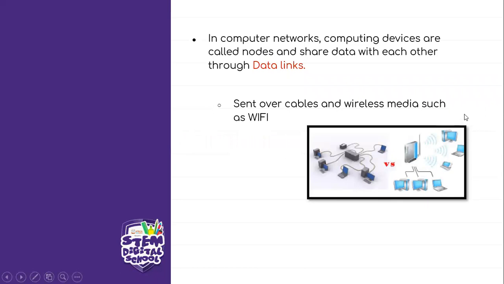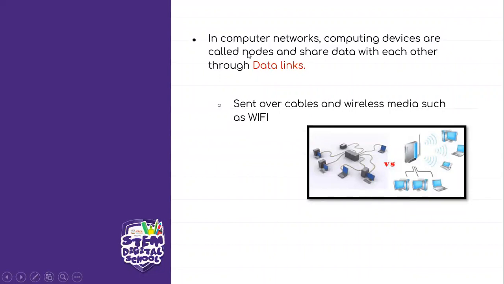Now, in computer networks, computing devices are called nodes. Like you can see in those pictures, we have this one device and the rest of the computers are connected to it.